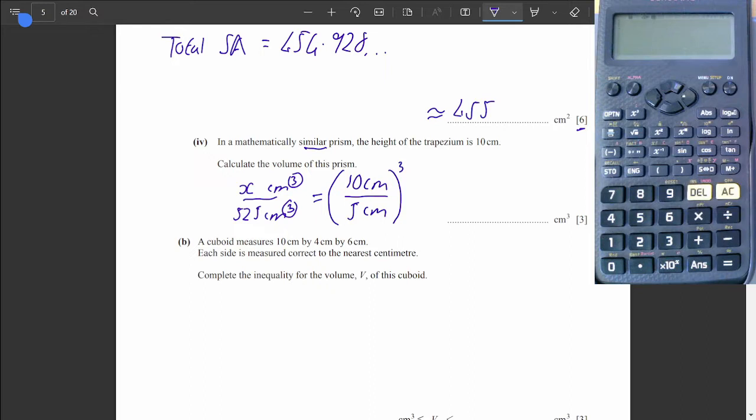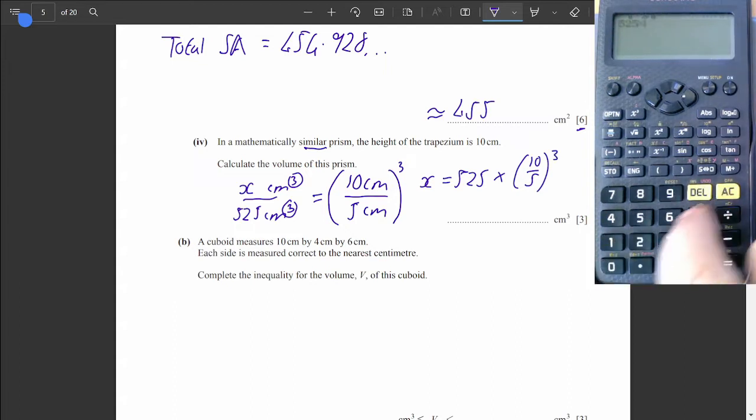So in the end, the calculation to find that is 525 times 10 over 5, or just 2, cubed. So on the calculator, 525 times 2 cubed gives us the volume of the bigger prism.